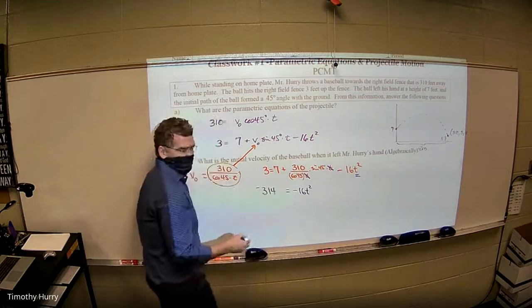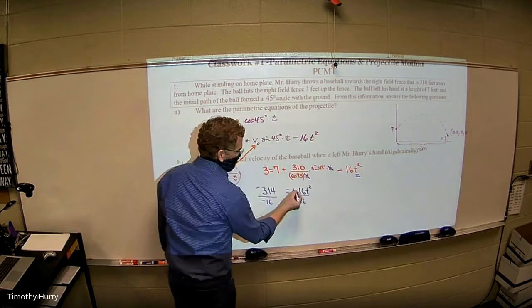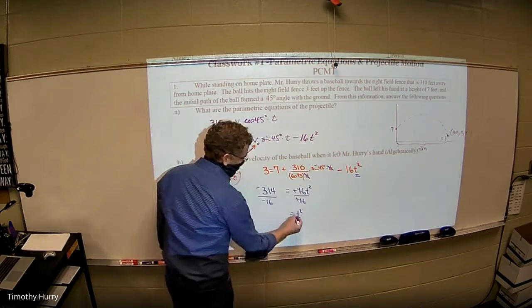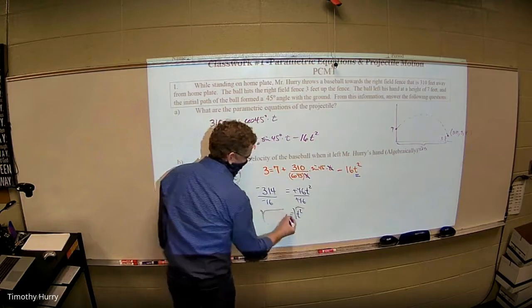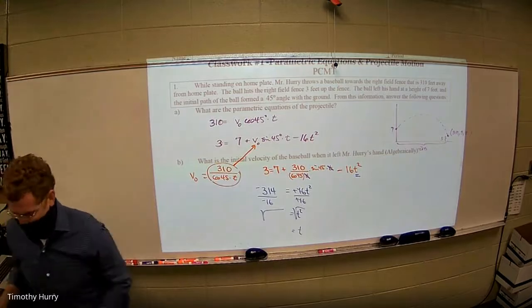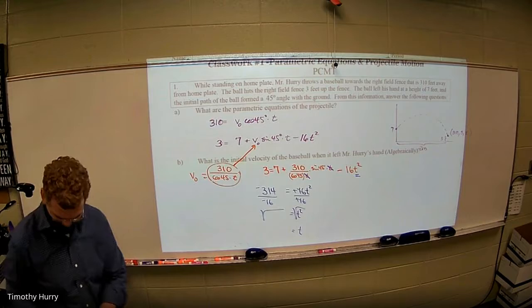And then your last 2 steps are to divide by negative 16. Just going to cancel your negatives out and give you some number, and then you're going to square root that number to get your time. And your time technically is plus or minus, but we are not going back in time. So we're going to ignore that.